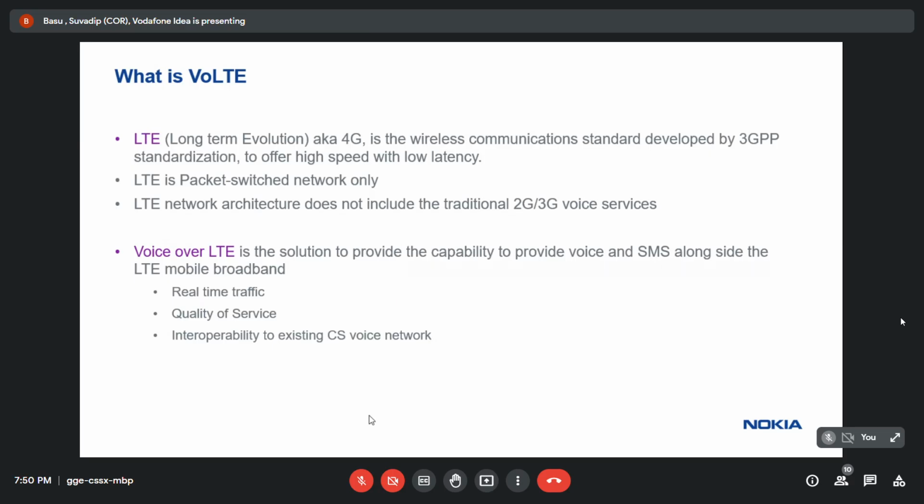Okay, so RTP. Now, what is special about the voice packet? In the entire ecosystem of your network, a lot of packets will be going. There will be some data packets, some voice packets. Now, in order to support real-time voice communication between two parties, you have to prioritize the transport of the voice packets.